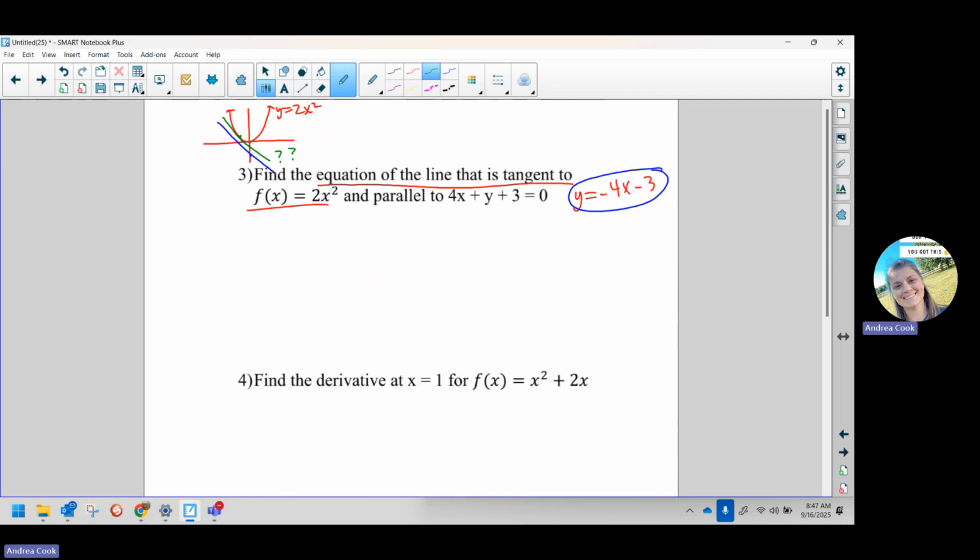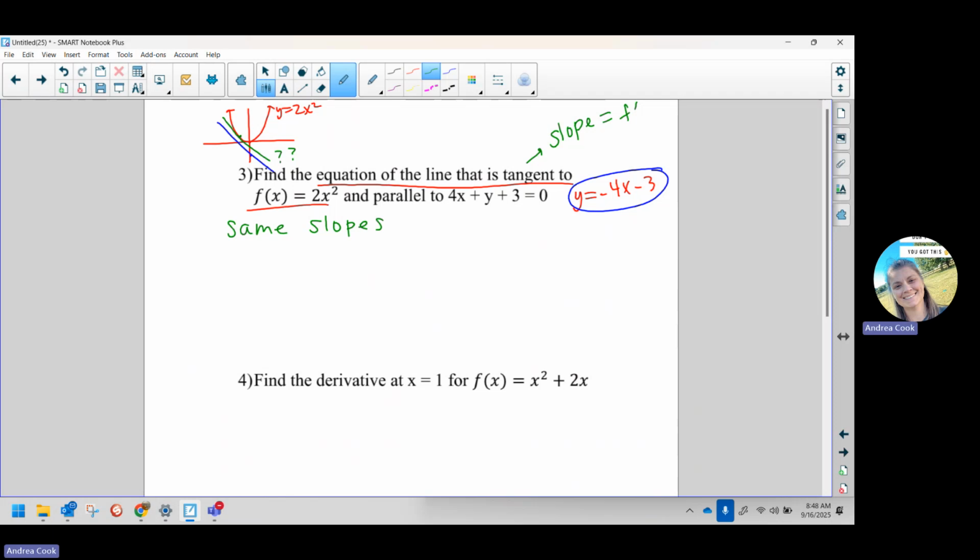So if they are parallel, what does that mean about their slopes? Same slopes. So okay, my tangent line, how do I find the slope of a tangent line? Slope is equal to the derivative. Yes.